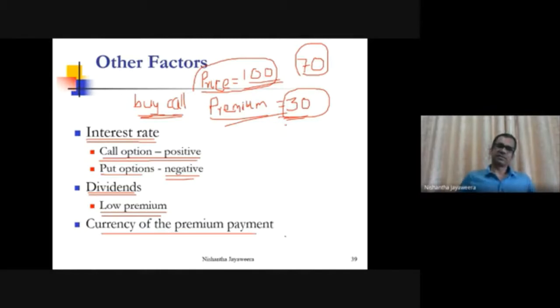And not only that, factors like this also matter: the currency of the premium payment. The asset may be denominated in dollars, but the premium may have to be paid in some other currency. There can be instances like that, especially for a foreign exchange trade, say the euro-dollar exchange rate.